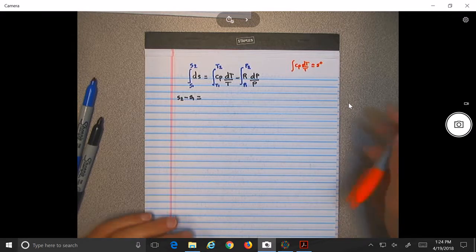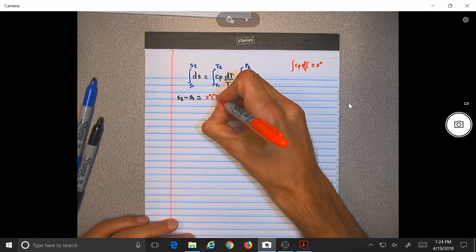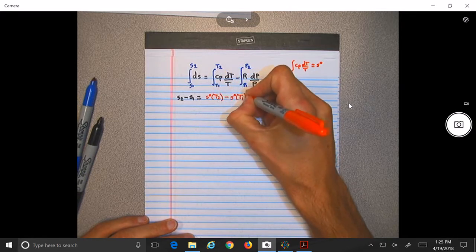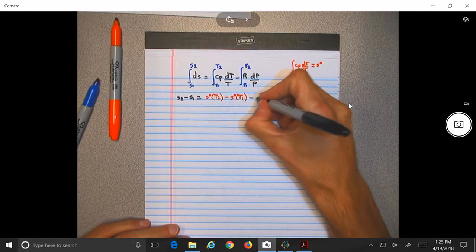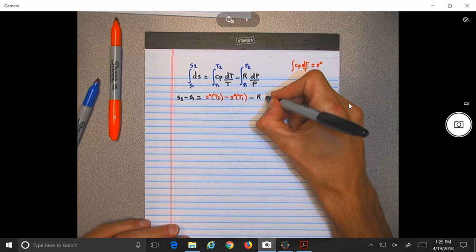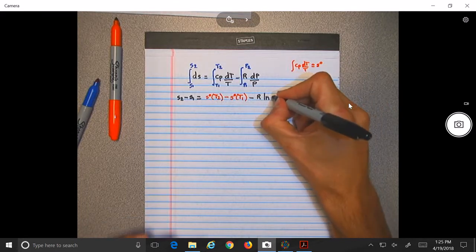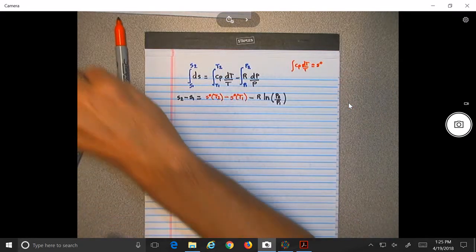So this is equal to S naught of T2 minus S naught of T1, minus R of what? What is the integral of dP over P? P2 over P1.